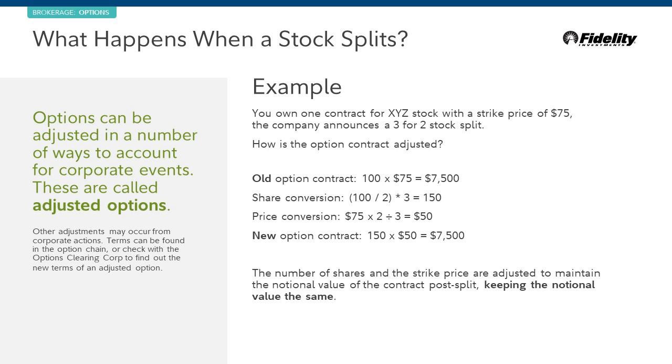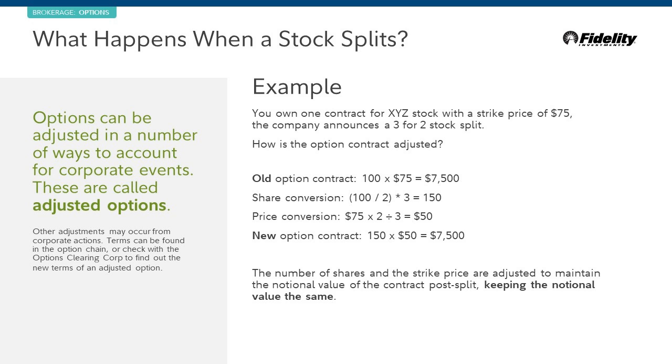As such, what's important to keep in mind is the notional value the option has. Beforehand, the old option contract had a $75 strike and that 100 multiple. So that total notional value, so to speak, is 100 times $75, or $7,500.